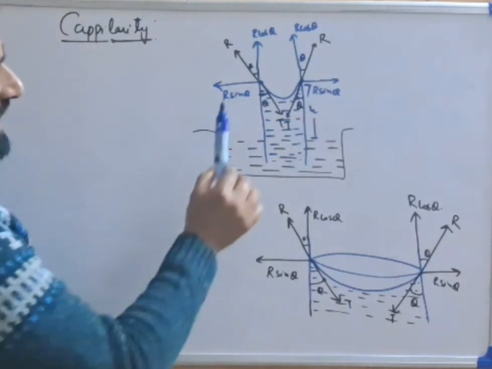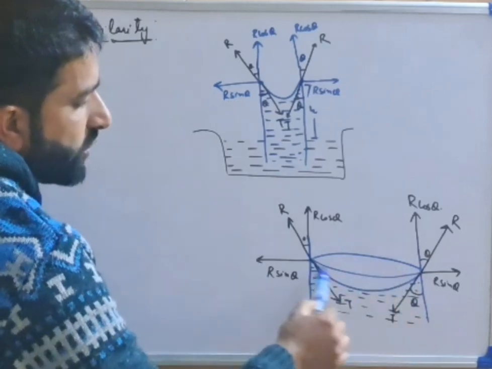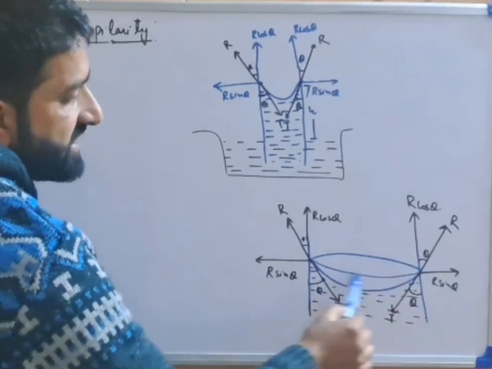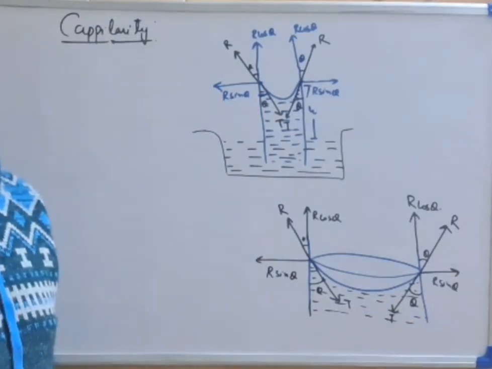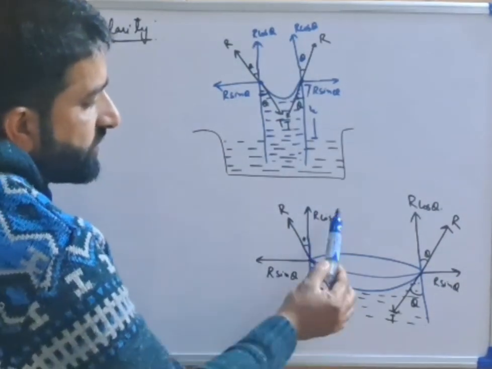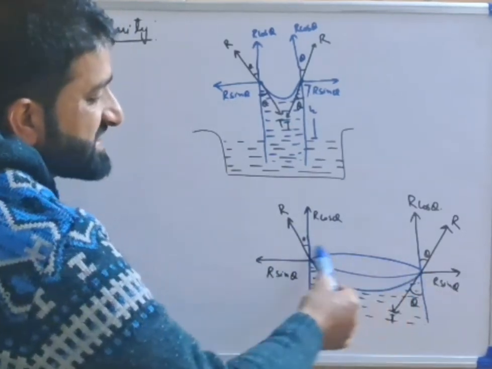Now, we can say that this R sin theta and this R sin theta are equal and opposite along the whole circumference. As these are equal and opposite along the whole circumference, the R sin theta components cancel each other. But the R cos theta components are along the vertical and along the whole circumference of this meniscus.